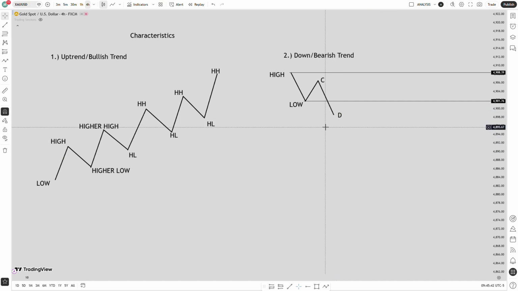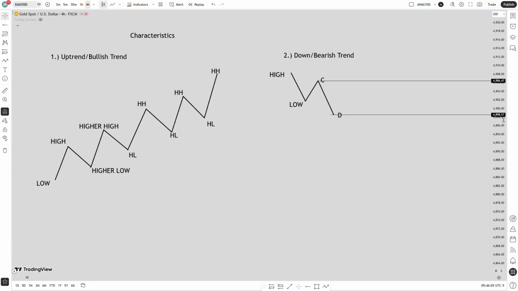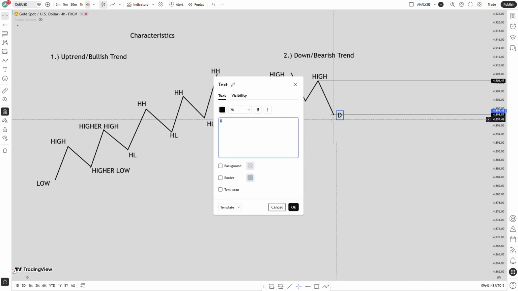But if you go deeper, comparing C and D, one of them is higher than the other. C is obviously higher than D, 4906.47 compared to 4898.57. So our C will be called what? A high also, while our D will be called a low.